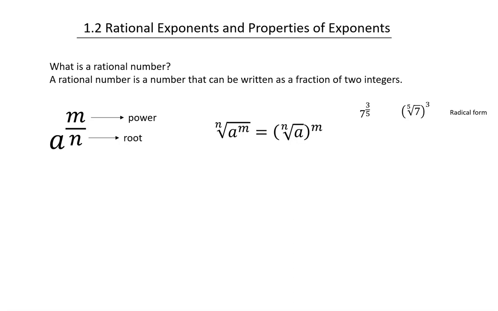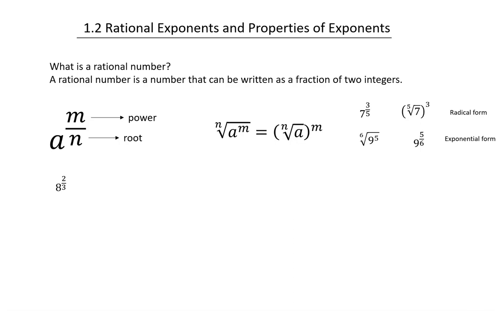Or we could write the fifth root of 7 to the third. Consider the radical expression, the sixth root of 9 to the fifth power. Rewrite this expression in exponential form. In exponential form, this would be 9 to the 5/6 power.